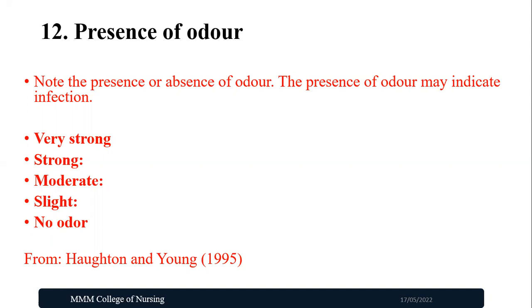Odor is moderate when it is evident at close proximity to the patient when the dressing is intact, whereas a slight odor will appear at close proximity to the patient when the dressing is removed. And no odor is no odor even at the patient's bedside with the dressing removed. This classification is taken from Hampton and the end 1995. They have described this type of wound odor.